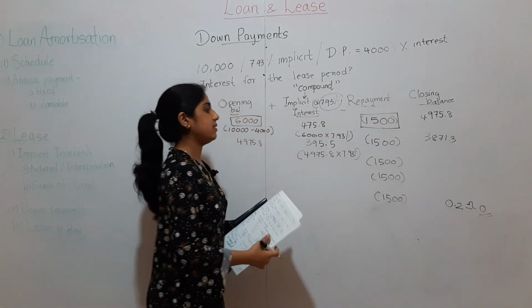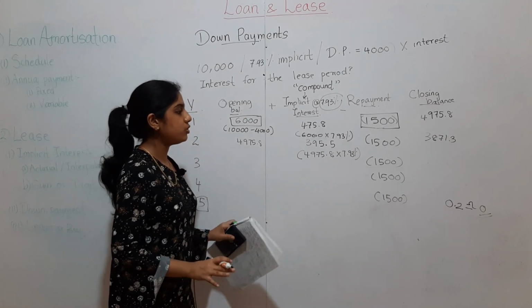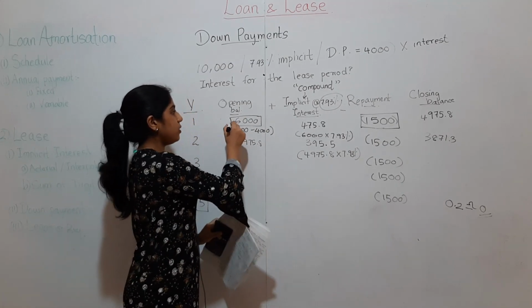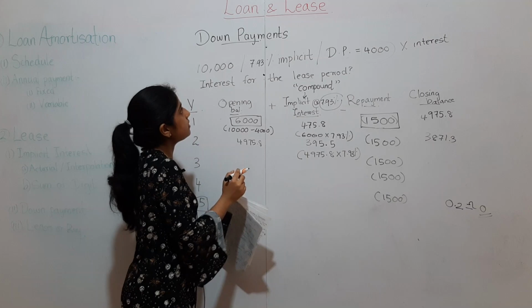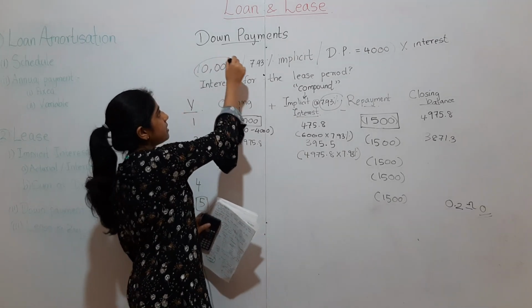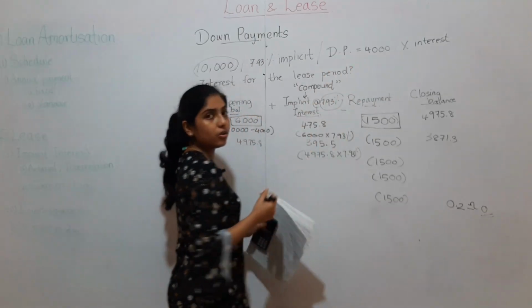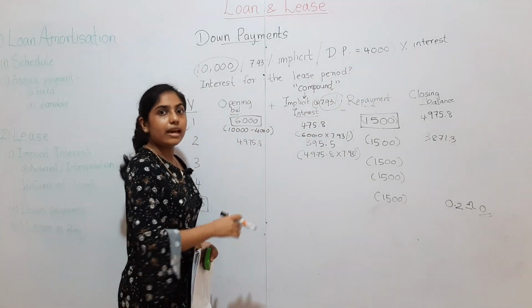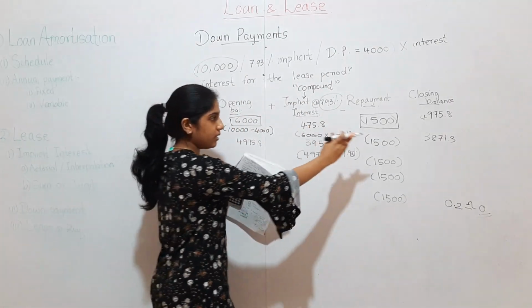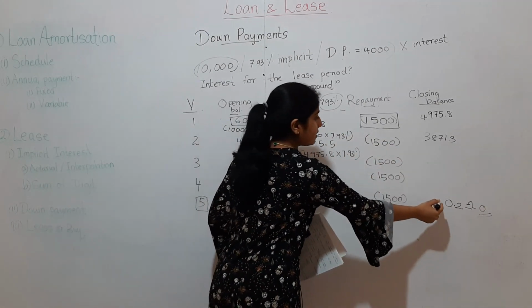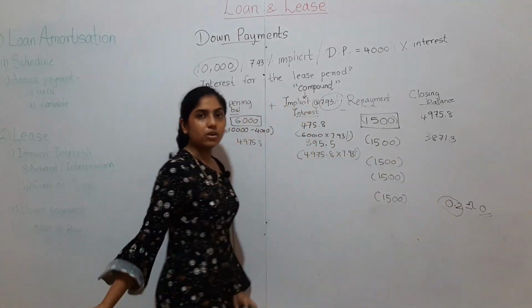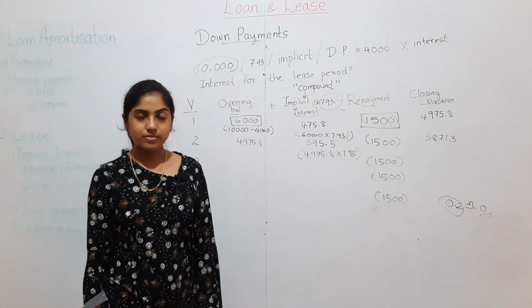So, always your amortization schedule should start with opening balance, which could be the cost of the asset or cost of the asset minus down payment. And finally, if you have done everything correctly, your last balance must be 0, nearly 0.